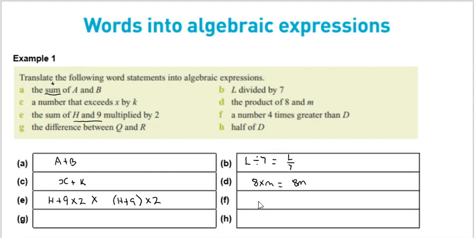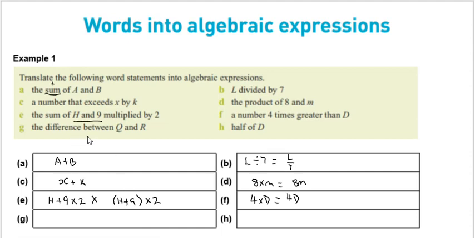Alright, F. A number 4 times greater than D. Well, that would just be 4 times D, but of course we're going to write that as 4D.